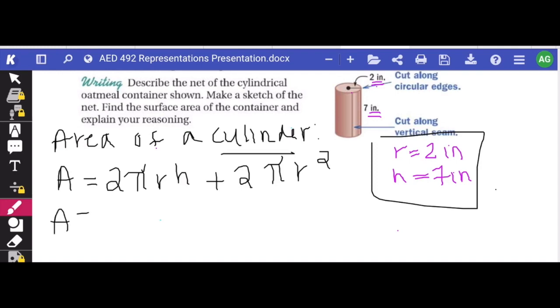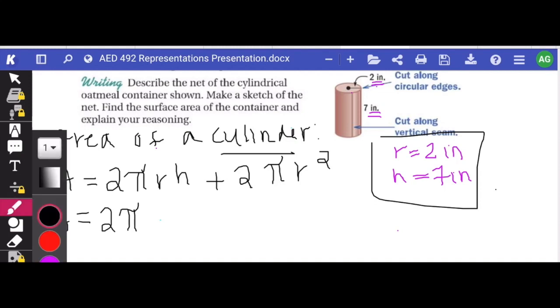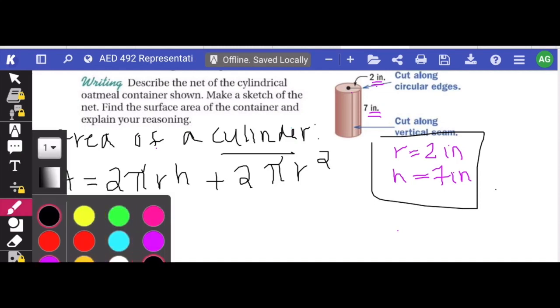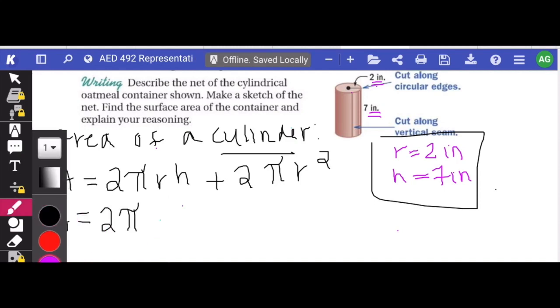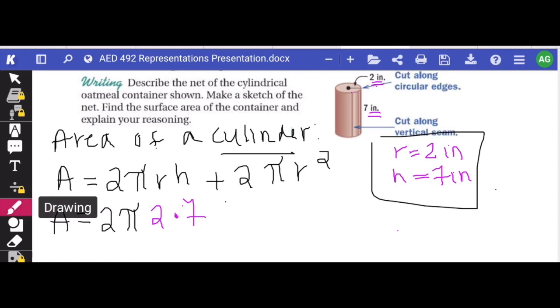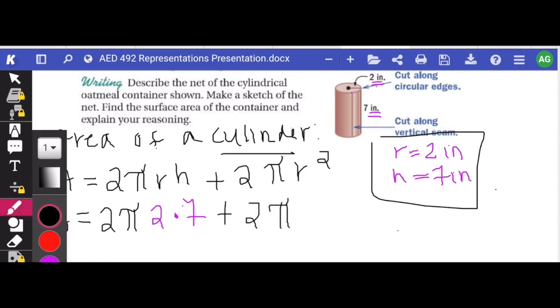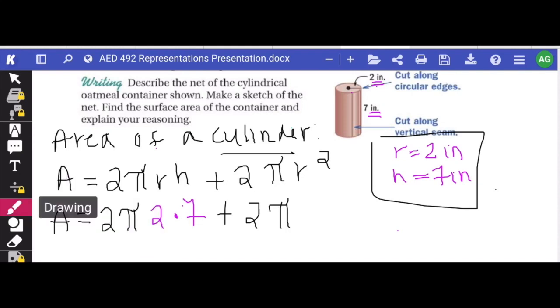We're going to get the area equals 2 pi times 2 times 7 plus 2 pi times 2 squared.